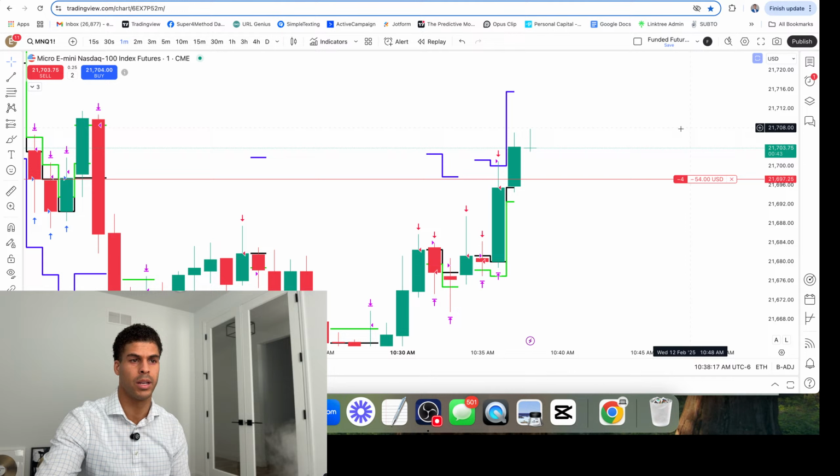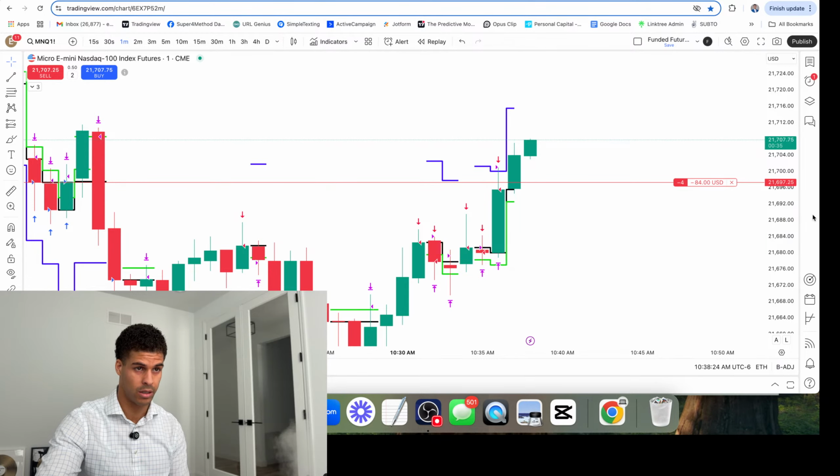Okay, interesting here because we have price. If we don't make a significant new high, then we have a chance. If we do make a new high, we don't have a chance.